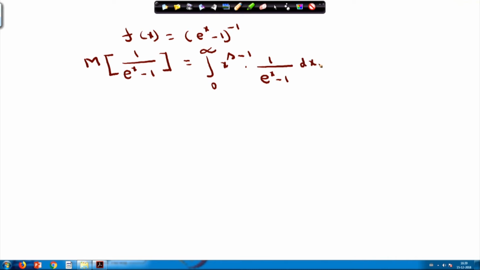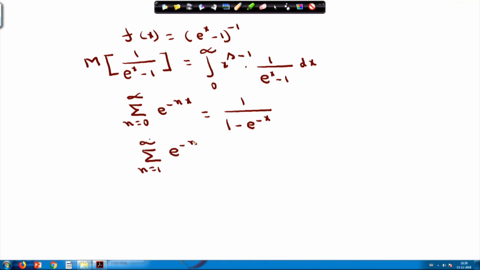Now, I know that summation n equals 0 to infinity e power minus n x equals 1 by 1 minus e power minus x. Therefore, summation n equals 1 to infinity e power minus n x will be equal to 1 by e power x minus 1.